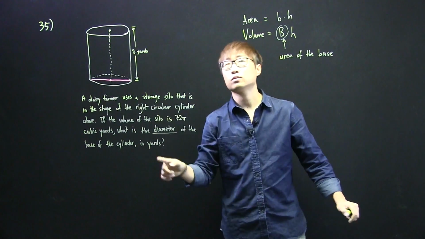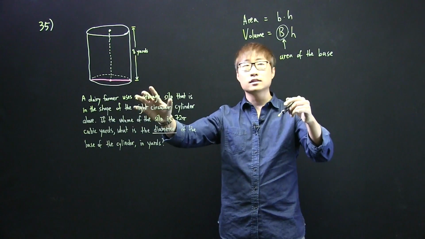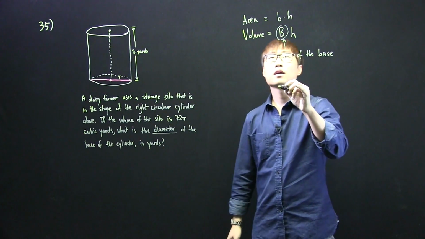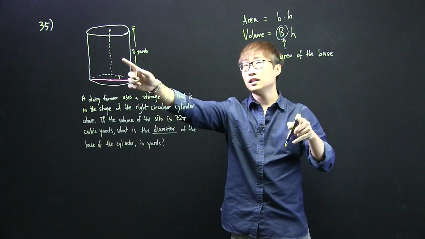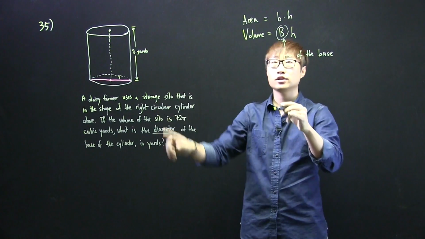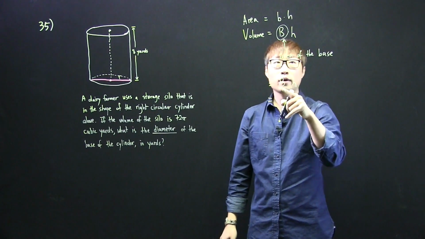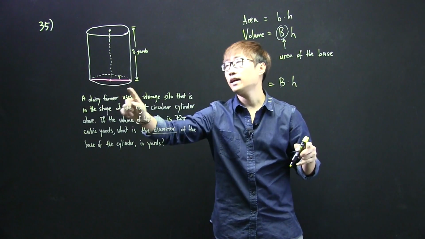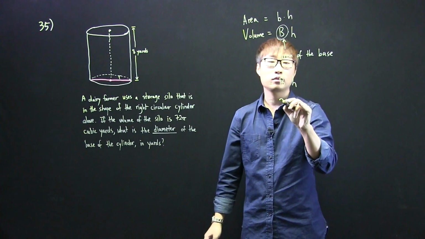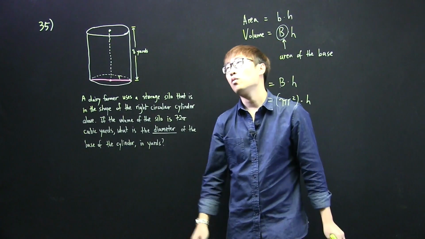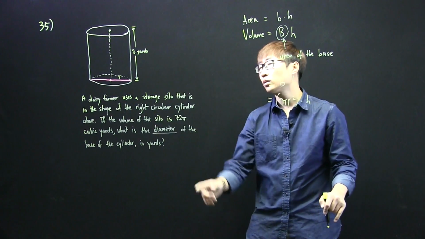So take a look at this one. Let's just go ahead and fill it out. Radius we don't know, so we'll just call it r there. So volume of the right circular cylinder should be, once again, big B times height. Area of the base, the base is a circle here, so area would be pi r squared, and then times the height. We know the height, and we also know the volume.